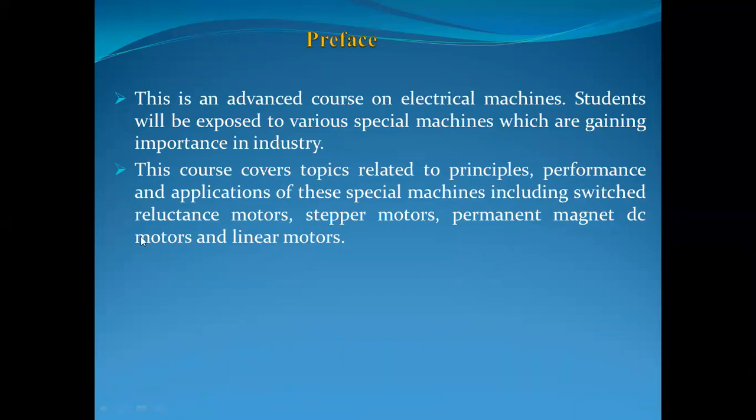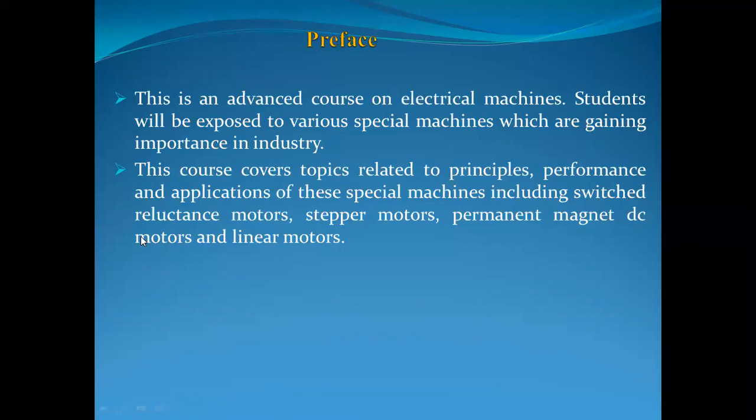These are all very important to know about. Why? Because in the present scenario in industrial areas and also household or domestic purposes, we are using most of these applications.